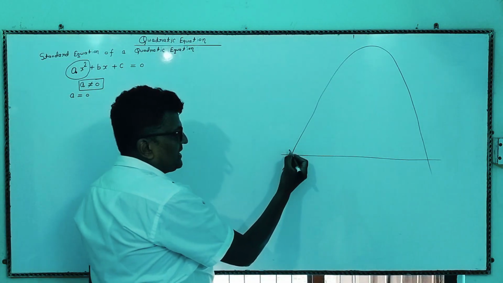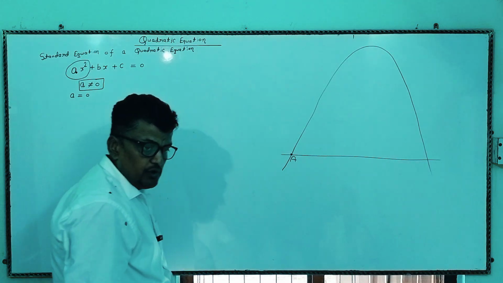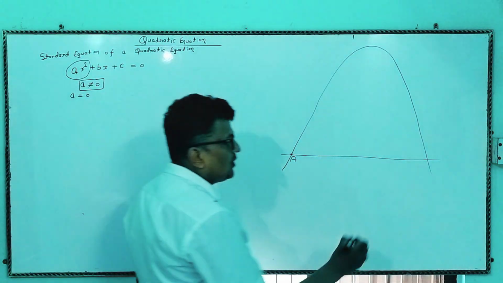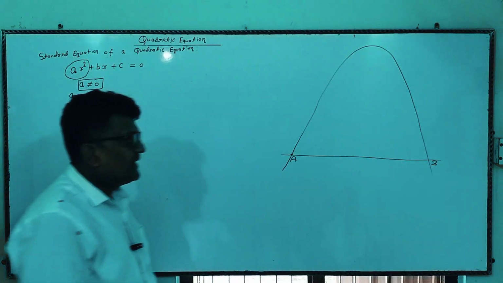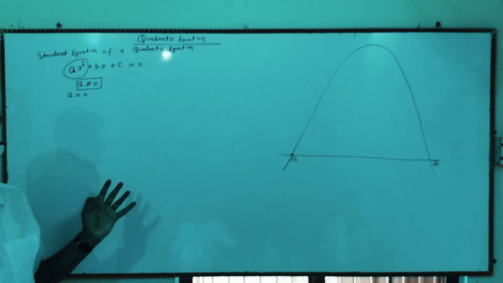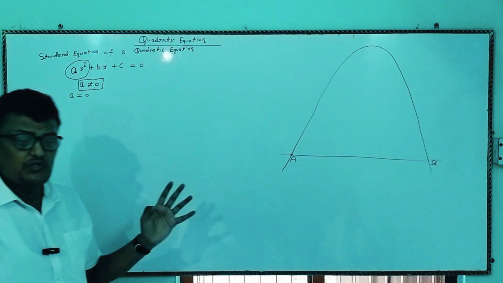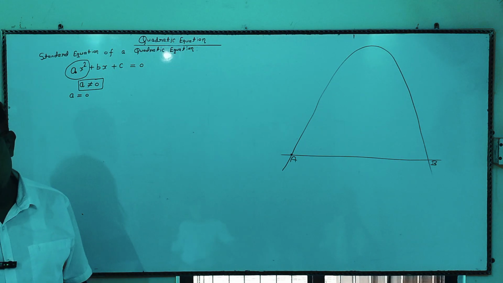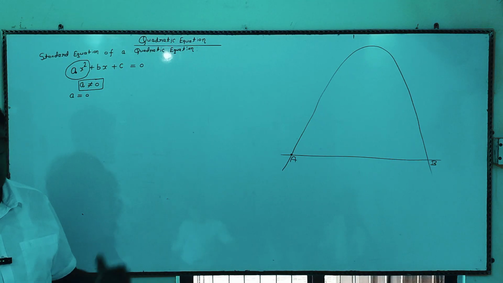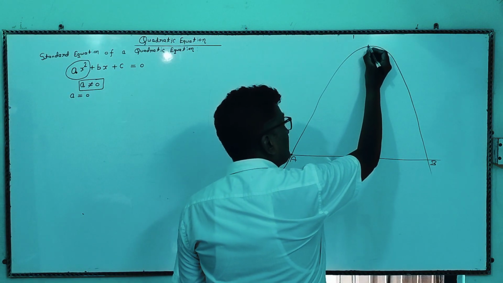Suppose you are standing here, this is your position A, and from A you are throwing a ball, and the ball goes and falls on B. So what is the use of quadratic equation? With the help of quadratic equation you can find the maximum height of the thrown ball.